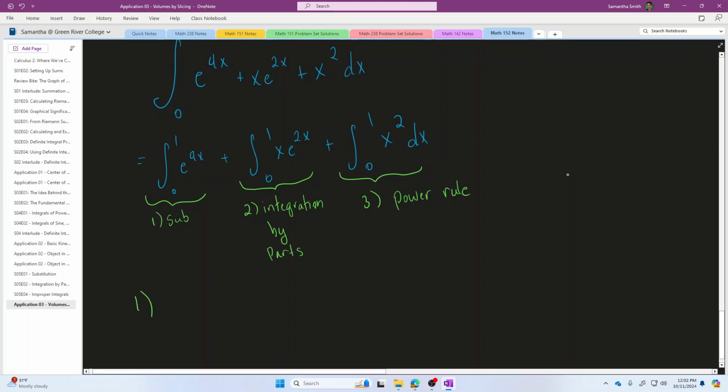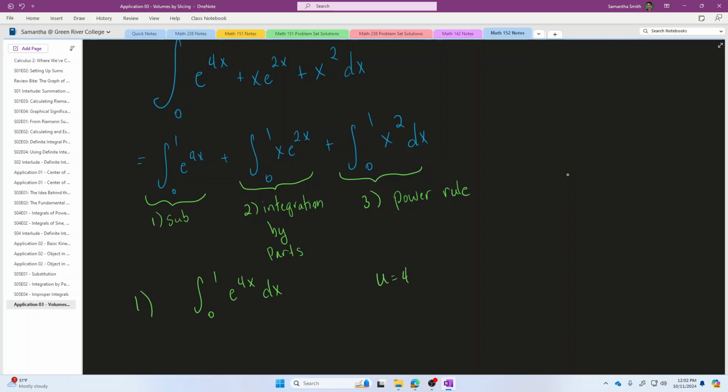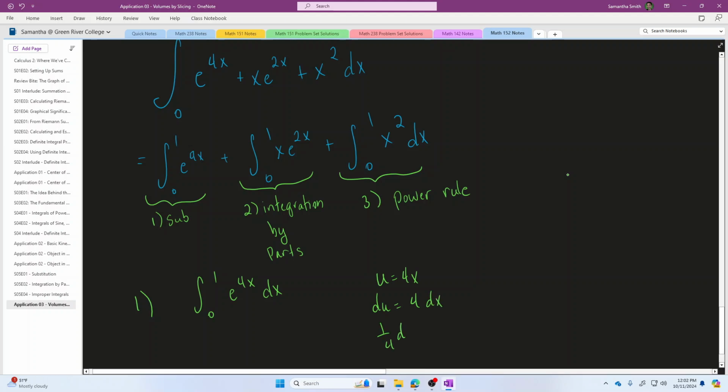So one step at a time, if I were to integrate from 0 to 1 e to the 4x dx, then I would let u be equal to 4x, so that du was equal to 4 dx, so that 1/4 du was equal to dx.